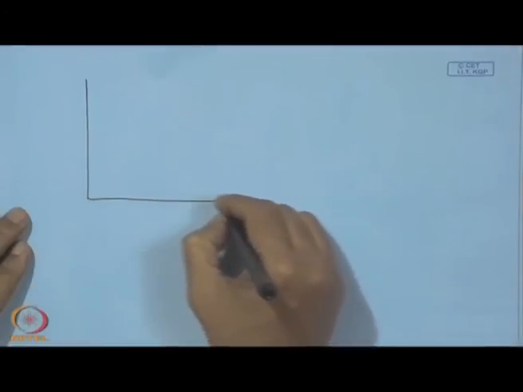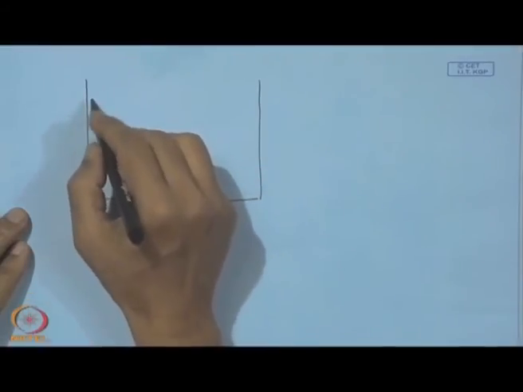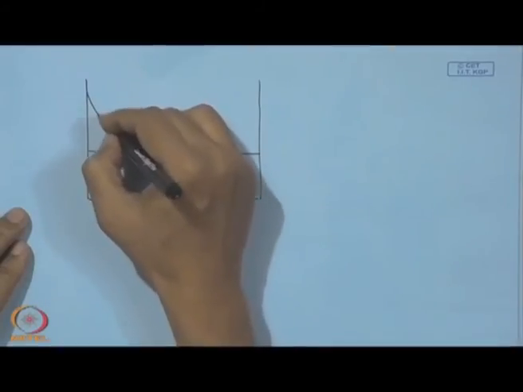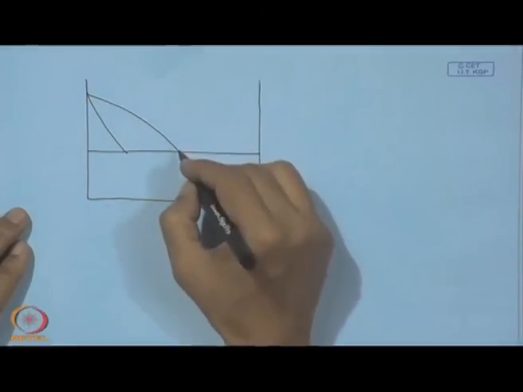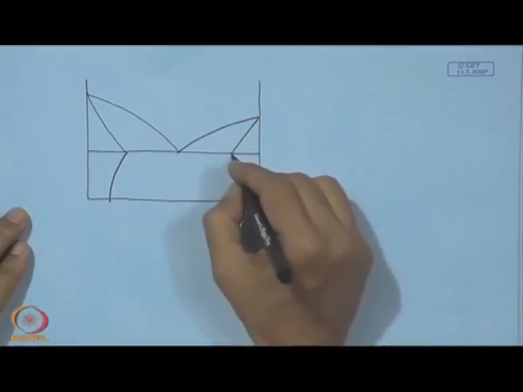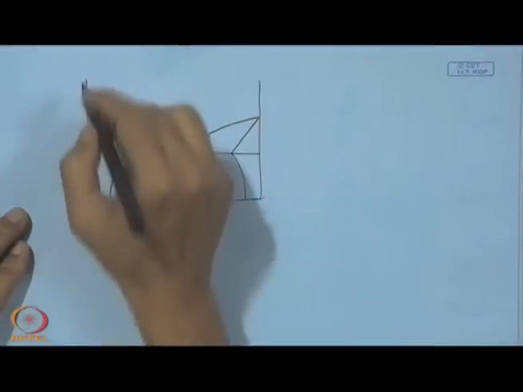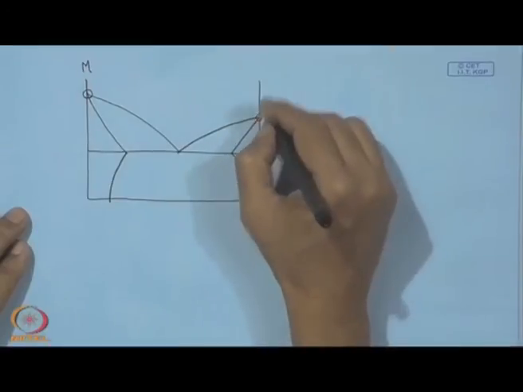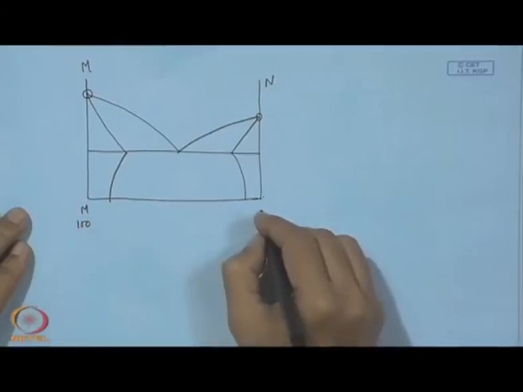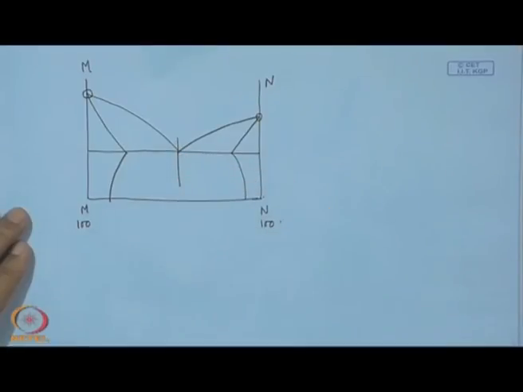Let us consider one binary system, a binary alloy, which forms one eutectic at a certain temperature. This is the melting point of the element M, and this is the melting point of element N. Here M is 100%, here N is 100%, and this is actually the eutectic composition.